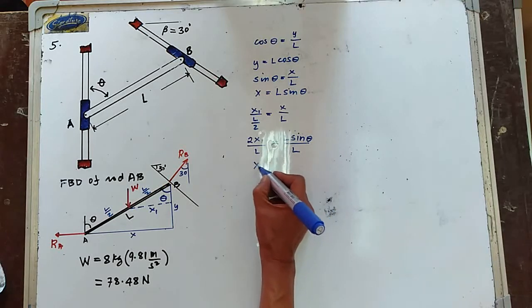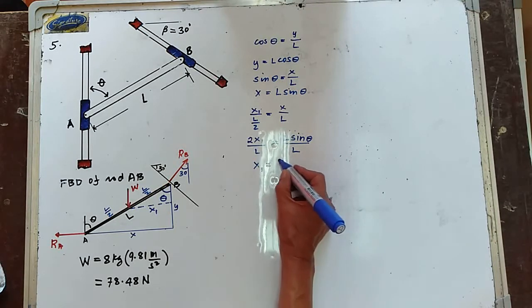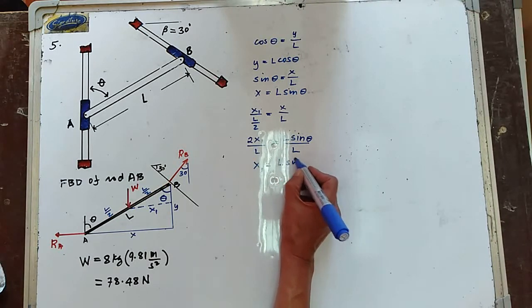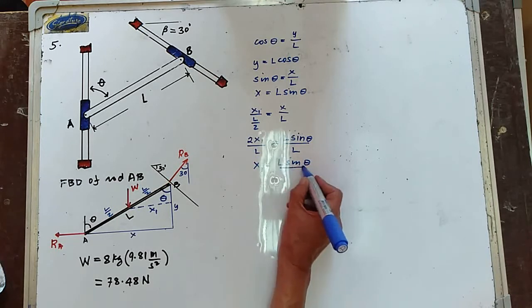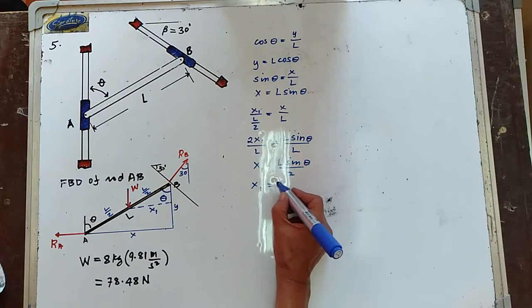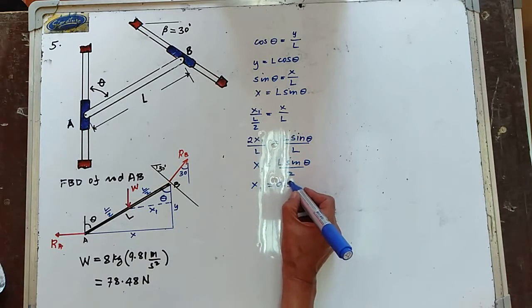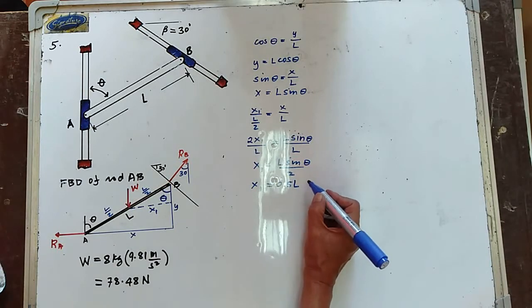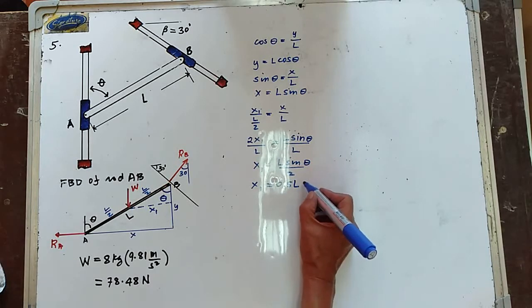Your x1 is equal to L sine of theta all over 2, or x1 is equal to 0.5 L multiplied by sine of theta.